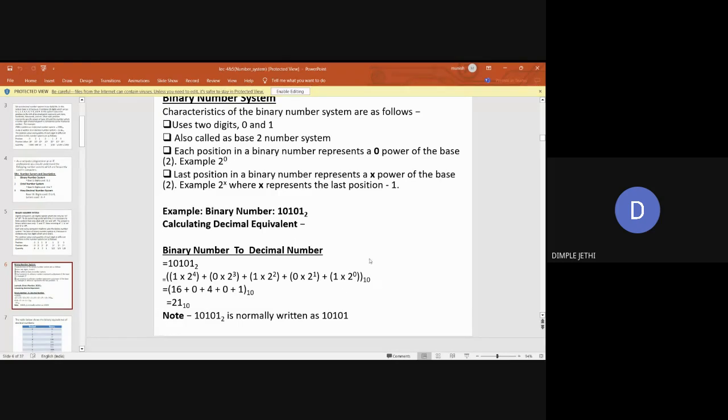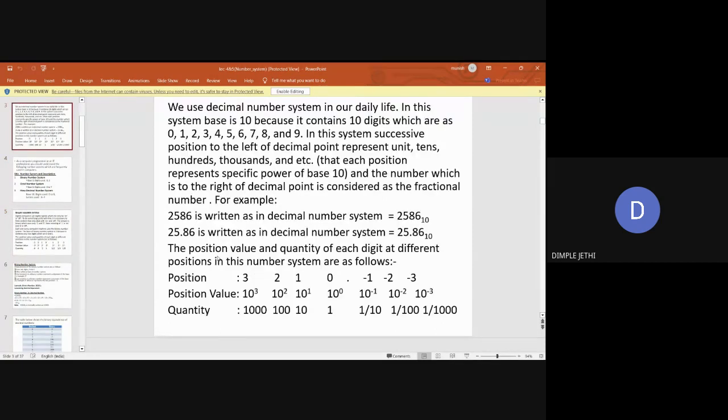So here I will pick up the first digit from the right hand side and multiply it with the power of 2, and the power starts from 0. It will keep on increasing: 2 raised to power 0, 2 raised to power 1, 2 raised to power 2, 3, 4, like that. So I'll be picking up one digit like I was showing you in the decimal number system.